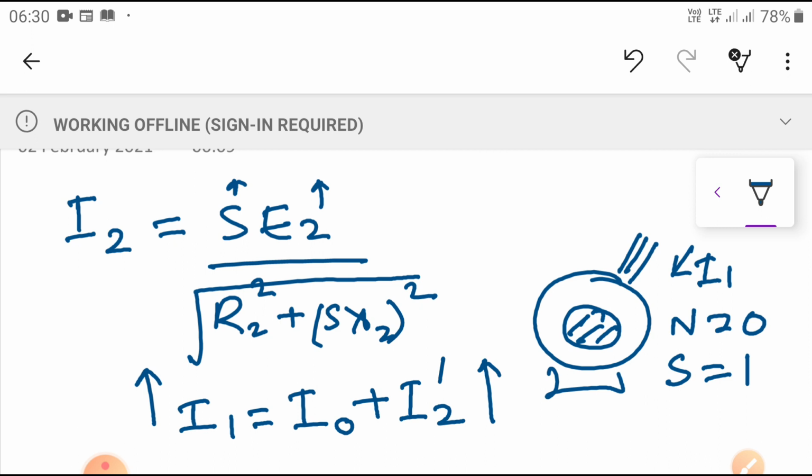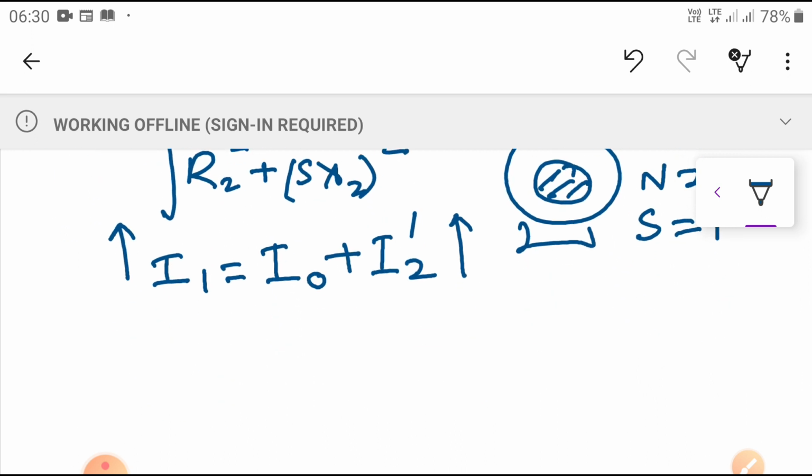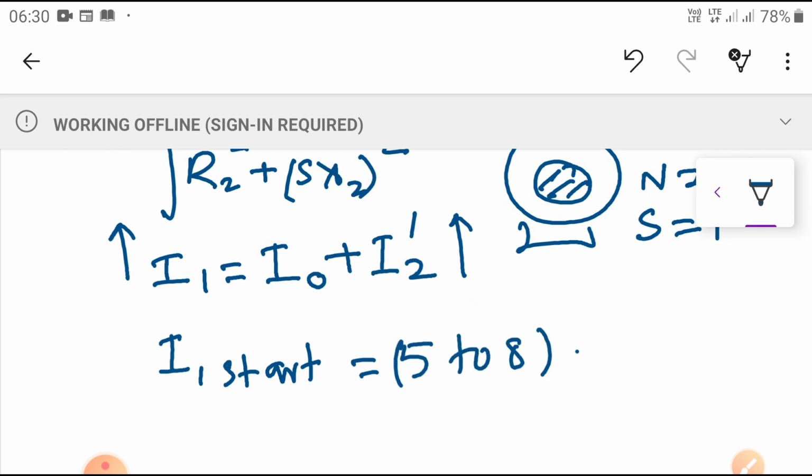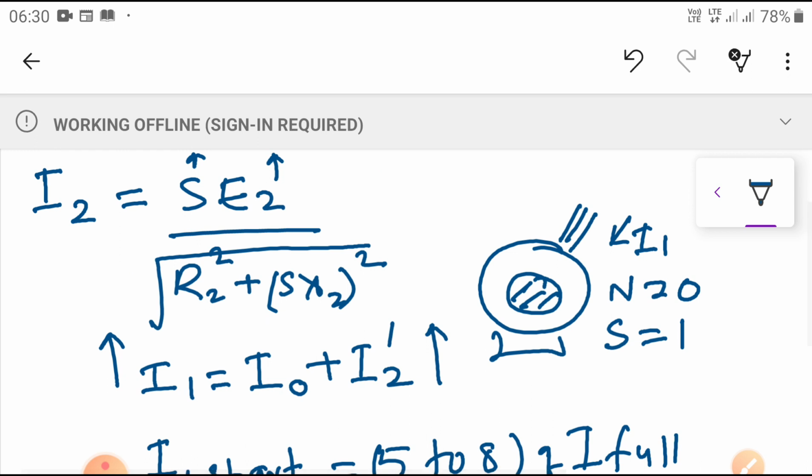Then what happens? At starting, I1 will draw a current from the supply of nearly 5 to 8 times the full load current. That means if our machine is designed for a full load current of 10 amperes, then at starting it will draw nearly 50 amperes.